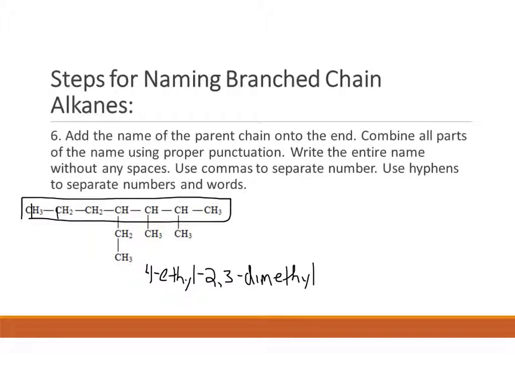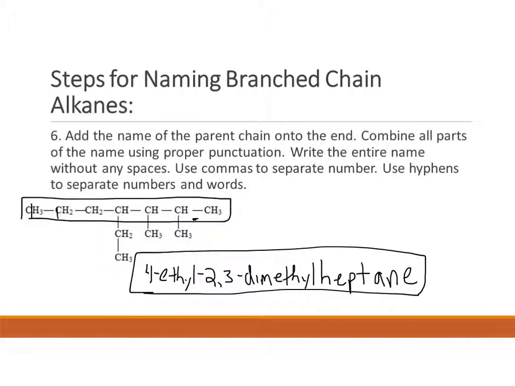The prefix for 7, think about it, it's hept. And then the suffix we use for the parent chain is dependent on the types of bonds. So far we've only learned about single bonds, and the suffix for single bonds is -ane. Okay, so that's the name.